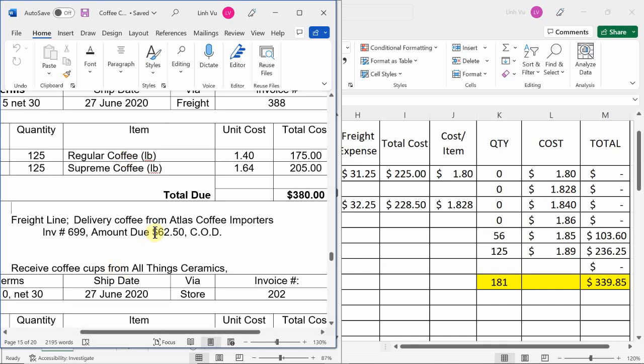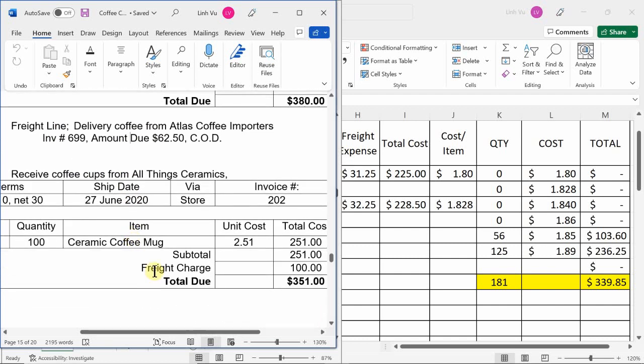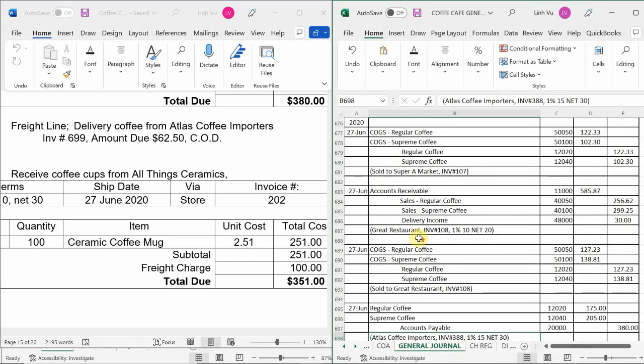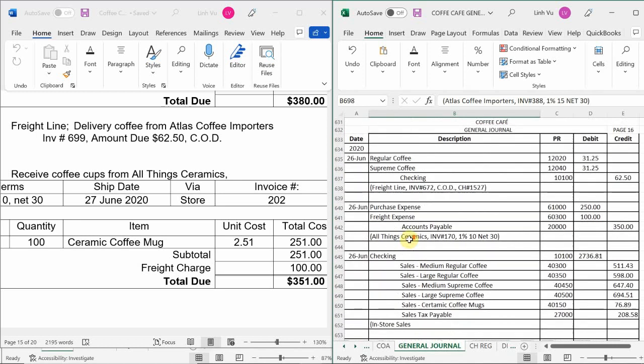So then we also received our coffee mugs from All Things Ceramics here. We received our 100 coffee cups at $2.51. Okay, plus $100 shipping made it a total of $351. So this one's pretty straightforward. Right, we had a similar transaction right here.